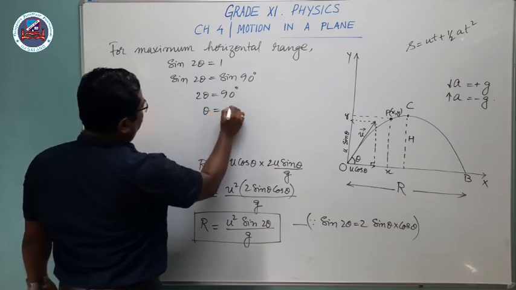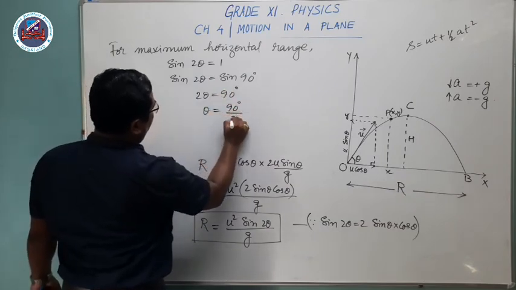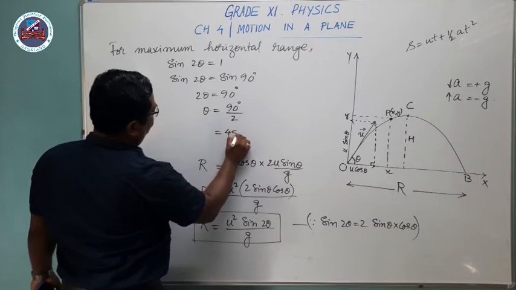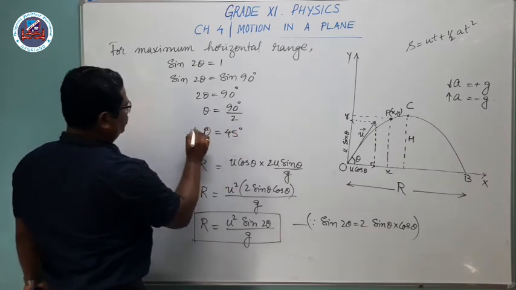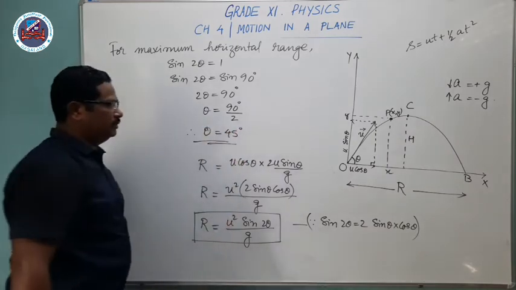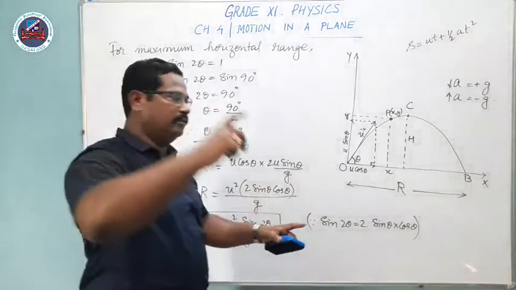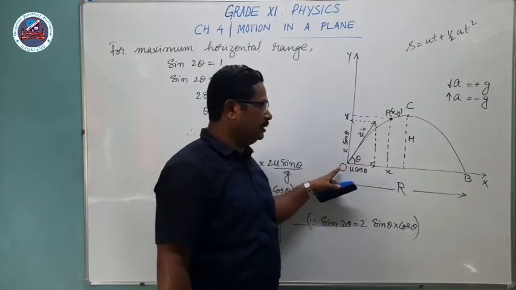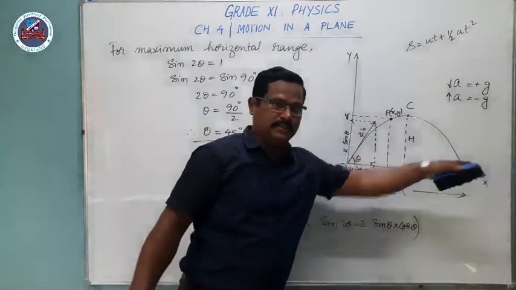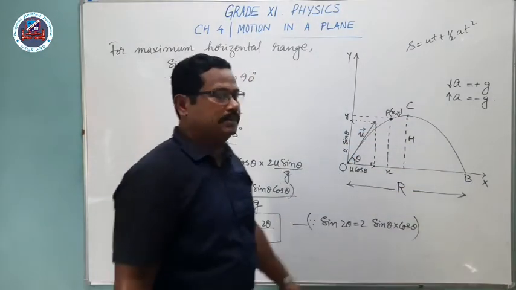So theta is equal to 90 divided by 2, which gives you 45 degrees. So remember that if you play shot put, javelin throw or discus throw, you need to throw at an angle of 45 degrees. Then only it will go the maximum distance. Horizontal range will be maximum.